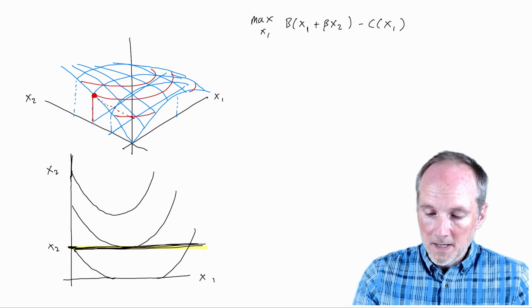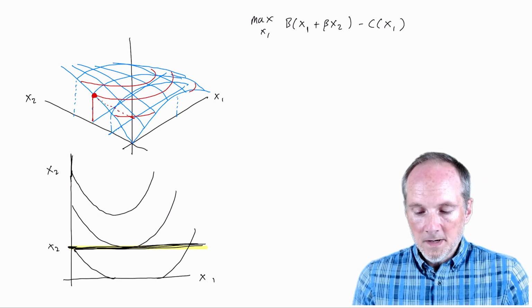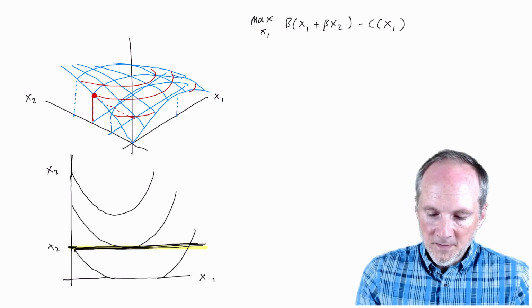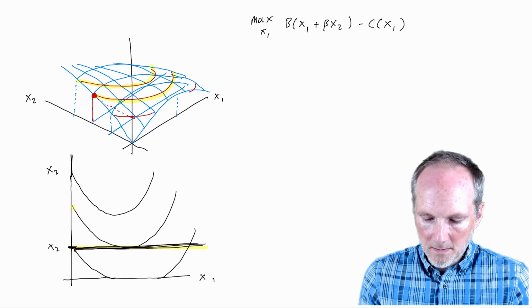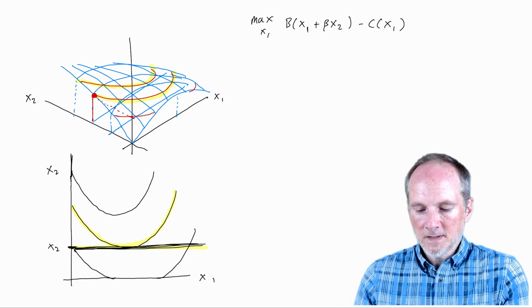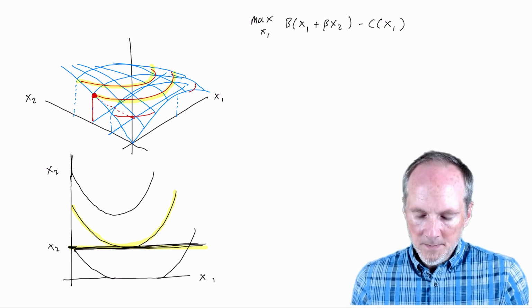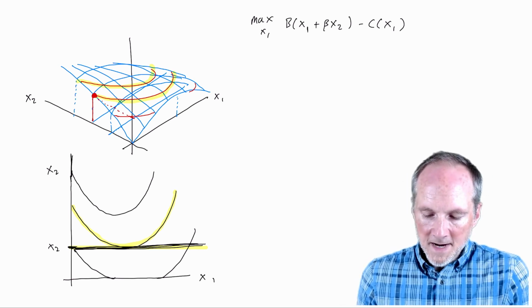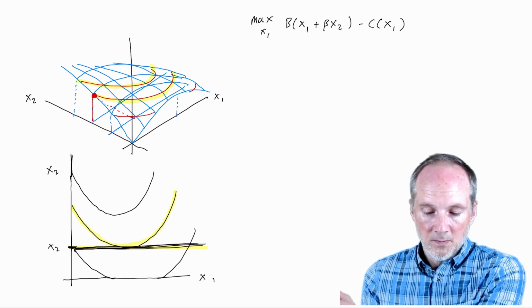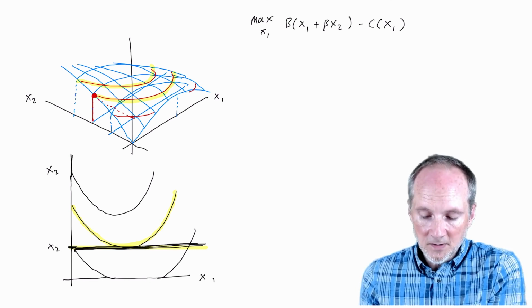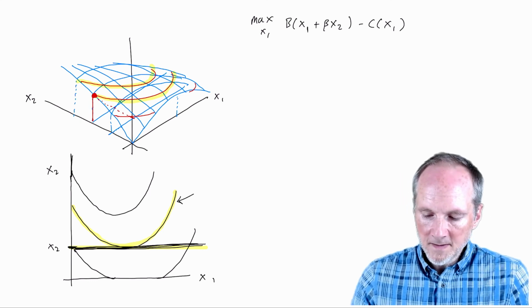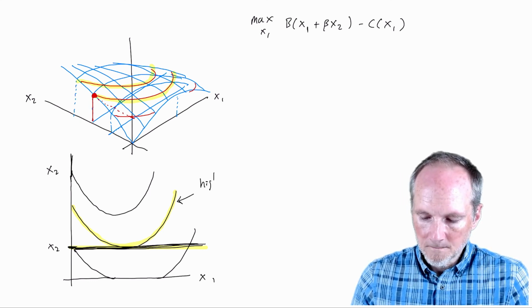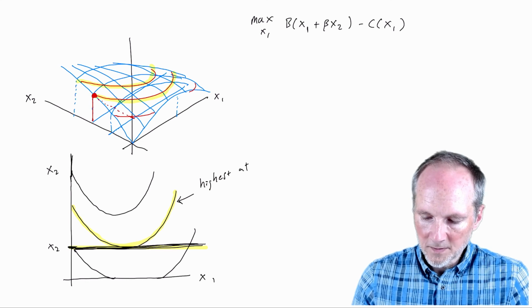Okay. Now, in this problem, you can see that indifference curves that are higher up represent higher levels of net benefit. So given that person 2 is choosing x2 in this picture, this indifference curve here that I've highlighted is the highest attainable indifference curve.